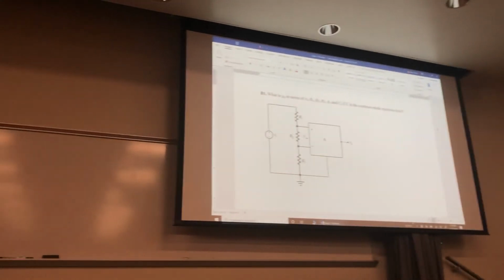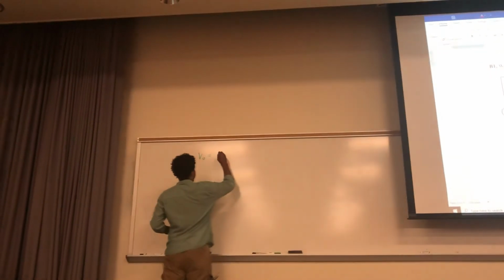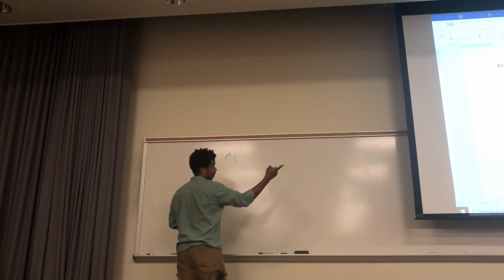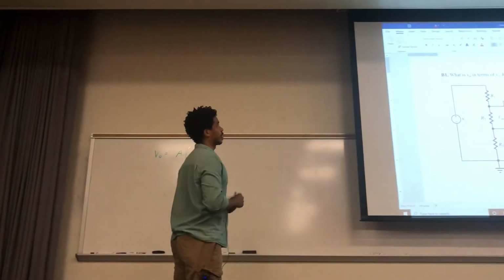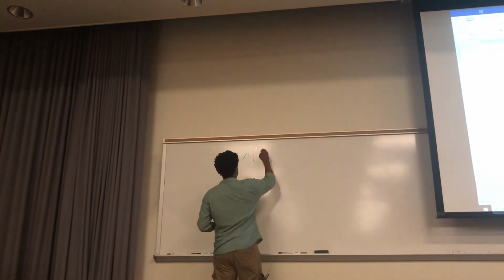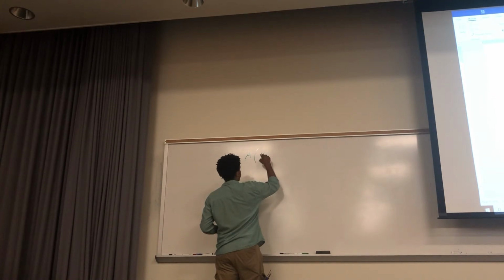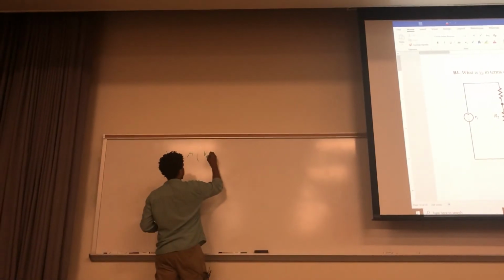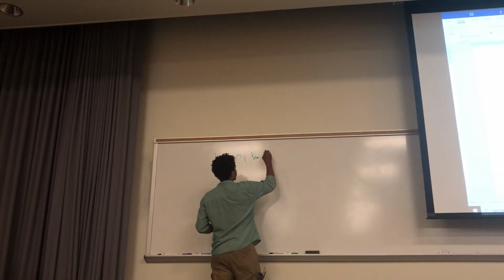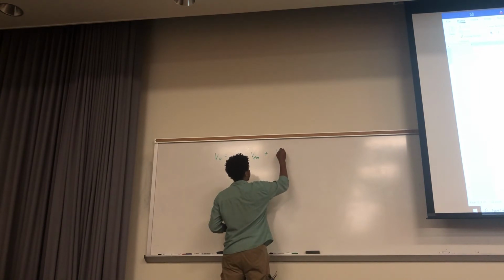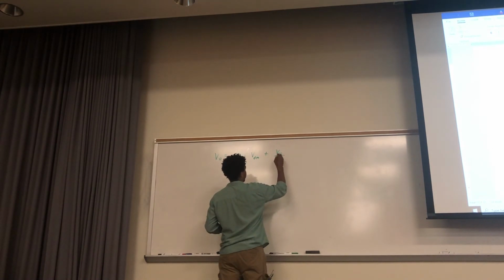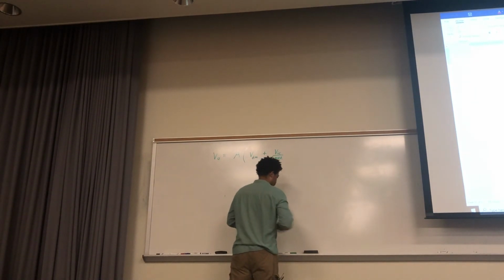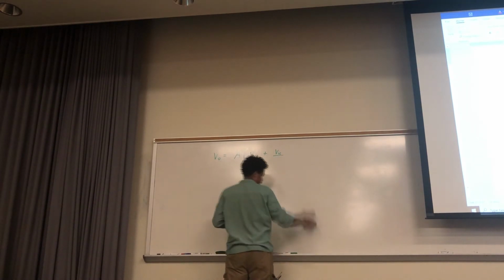We want this V out, and we know the V out is going to be like this when we're dealing with the common mode rejection ratio. It's going to be whatever is at the input, that VDM, plus this VIC common mode input over your CMRR, or what we just called C. Okay, same thing.